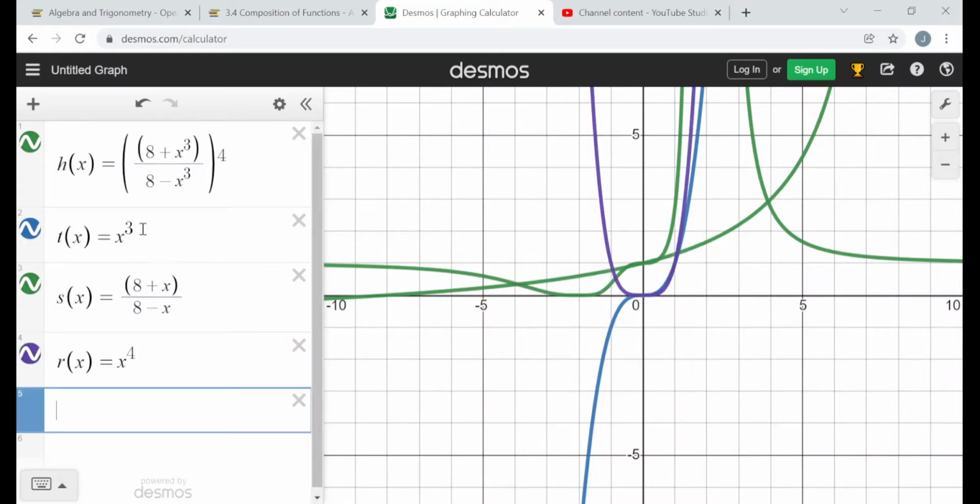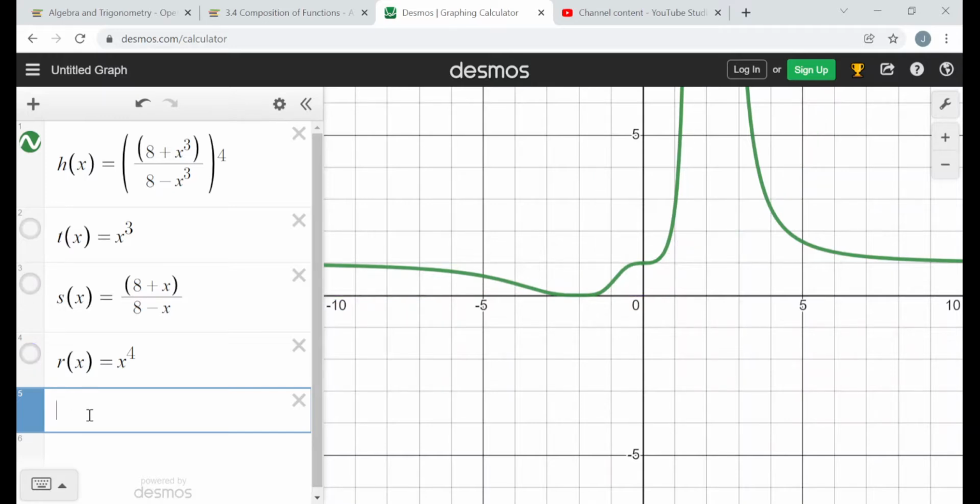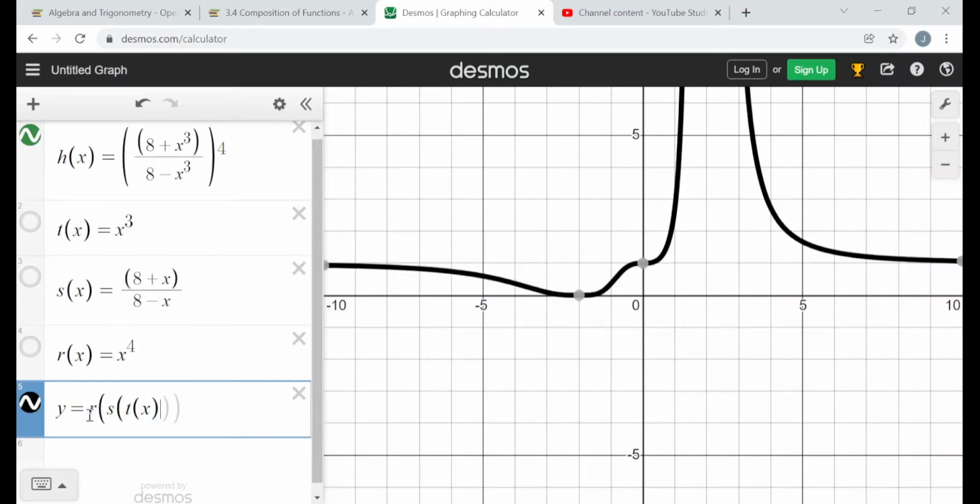And let me get rid of those graphs, right? So we only have the graph of h, and then I'll put their composition, y equals r of s of t of x. And look at that, it pops up right on top of the other one. So I've broken up h into 3 components that, when composed, make the same graph.